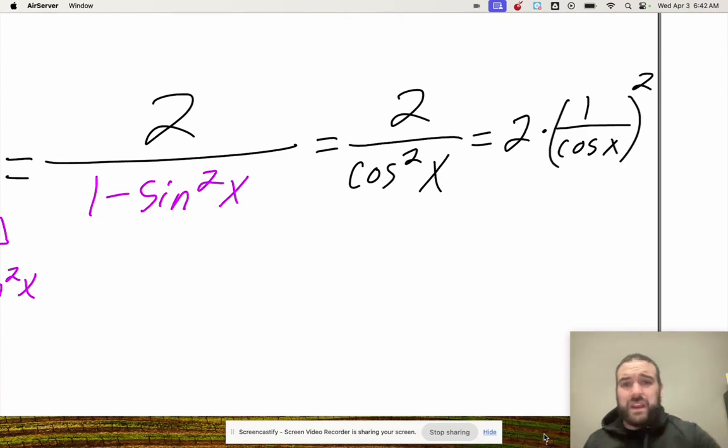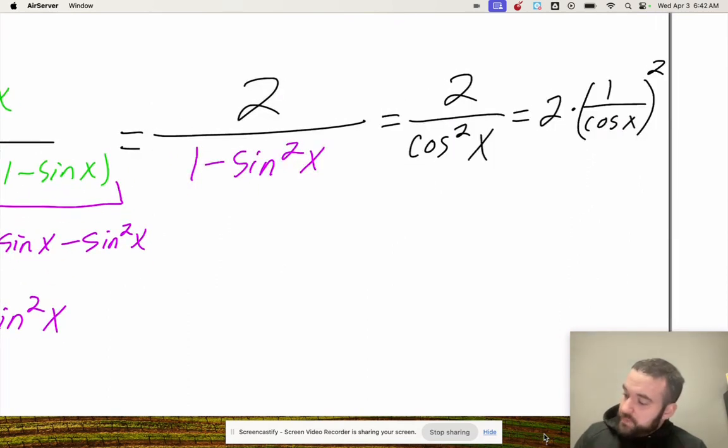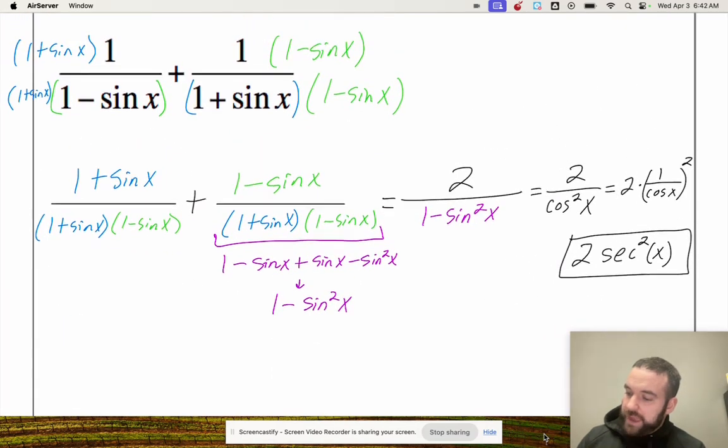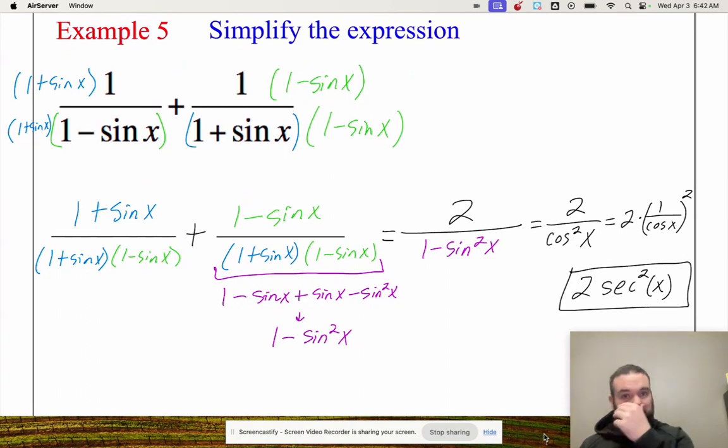That's another way that I could break that down just to really see that I do have secant in this problem. So my ultimate simplification of this is going to be secant squared of x multiplied by 2. So all of that, and we were able to simplify the expression down to just 2 times secant squared of x.